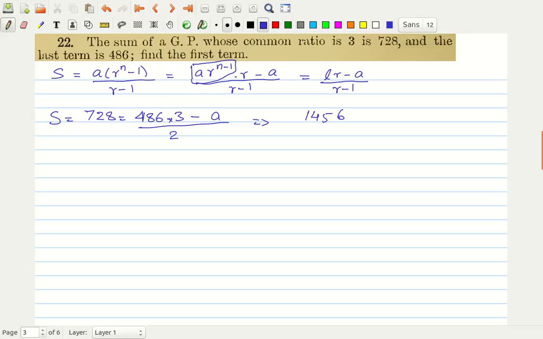Okay, so this becomes 1456 is equal to 3 times 6 is 18.